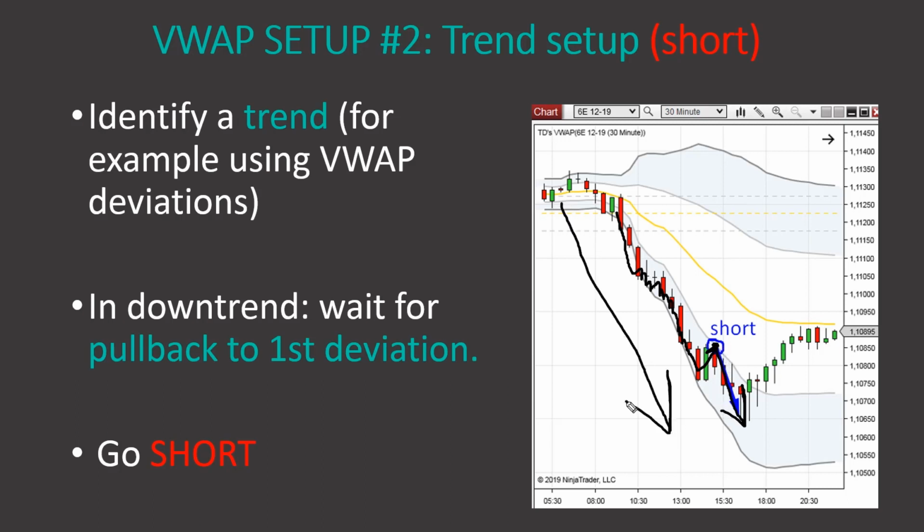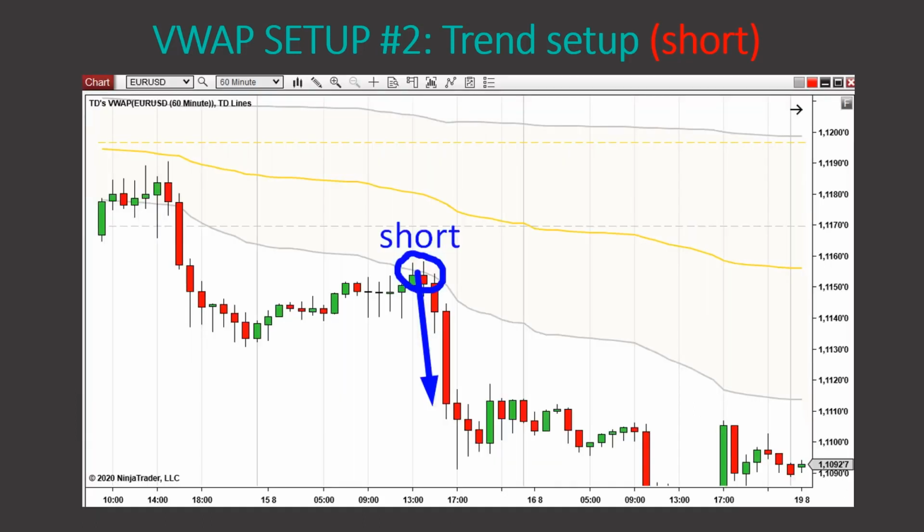The price is moving downwards, and the logic behind this setup is you want to participate in a downtrend. You're looking for a place to do that. The best place is to look for a pullback and enter a short from the place where the price hit the first deviation. All right, that's it. It is as simple as that.